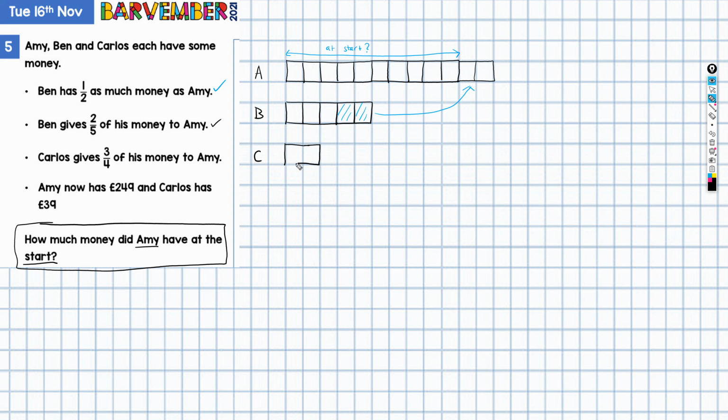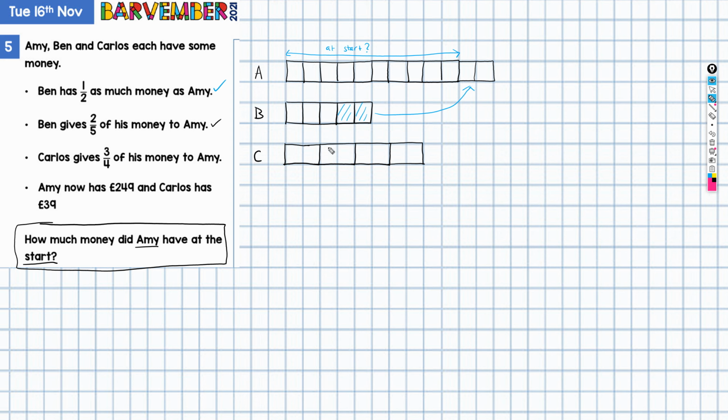I'm just going to make things easy for myself here. Okay, and I know that the size of these is not to scale with these. Okay, so this is Carlos's money at the beginning, and he gives 3/4 of his money to Amy.